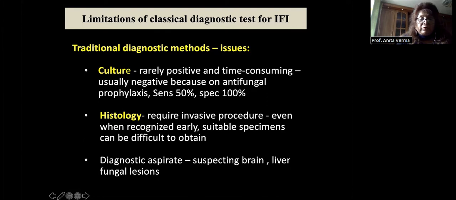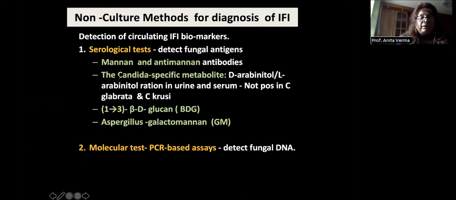It is always important for early diagnosis to do a diagnostic aspirate if you suspect a lesion in the brain, liver, or any other organ. So biomarkers are now one of the important non-invasive ways of diagnosing fungal infection.